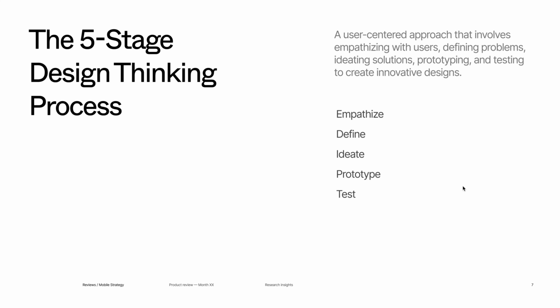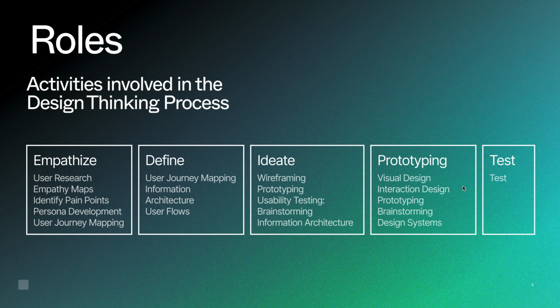So, like I mentioned, we've understood exactly the framework we are going to be using and the different stages involved. Now, what are the activities that are going to be carried out in these different stages? Here you can see that we've broken down the activities, which are the day-to-day activities of a UI designer and a UX designer, into the different stages of the design thinking process.